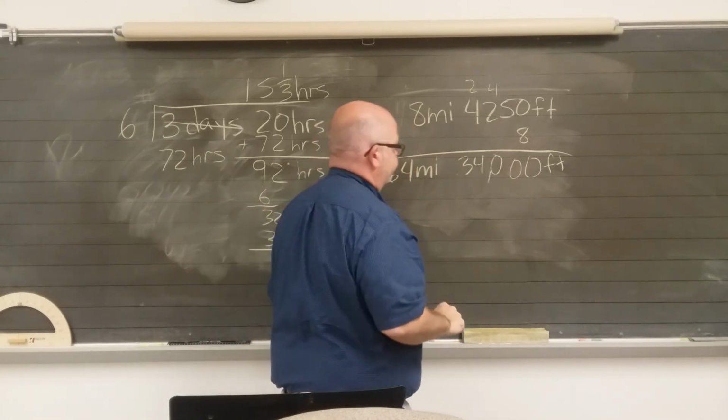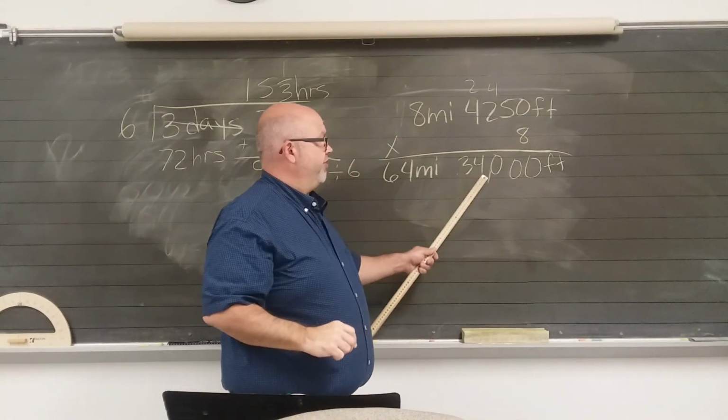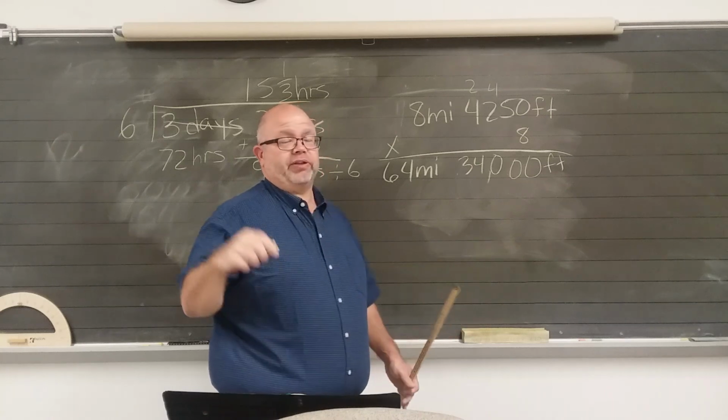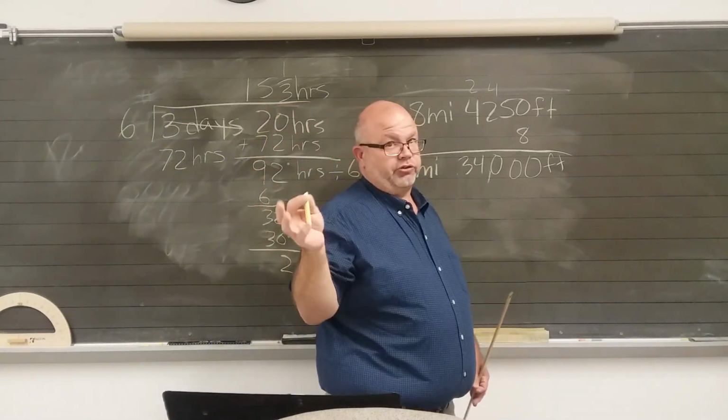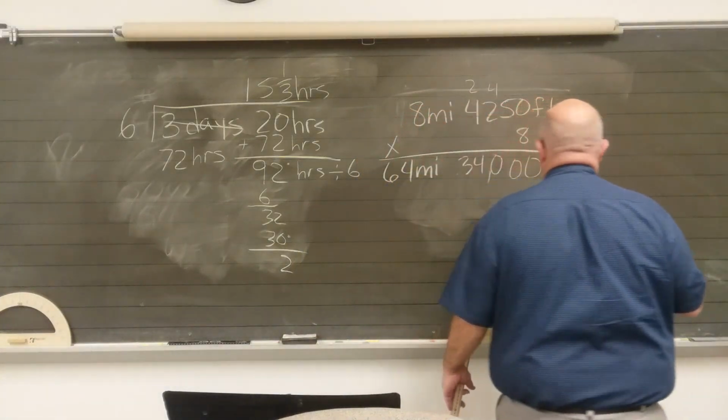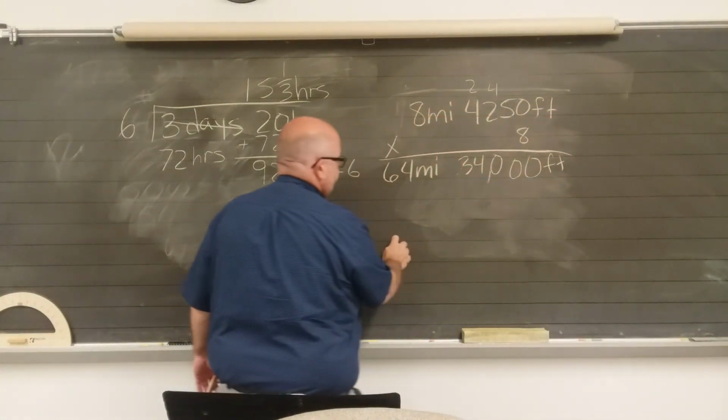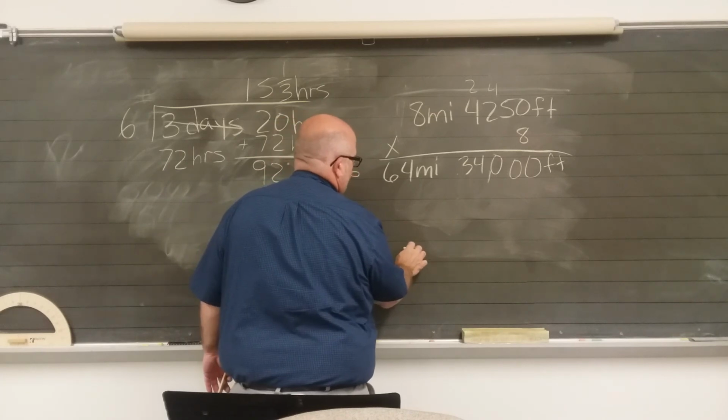All right? Divide your feet by how many feet in a mile. Okay? And hopefully you don't get too many of these where you have four digit divisors, but it's not that horribly complicated.